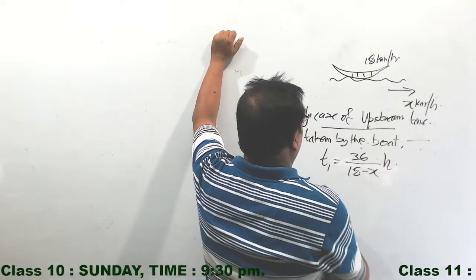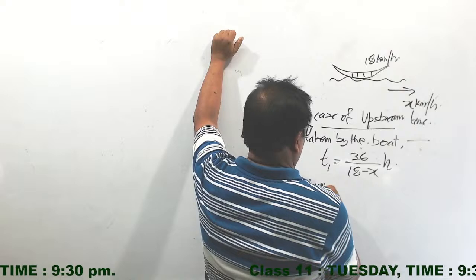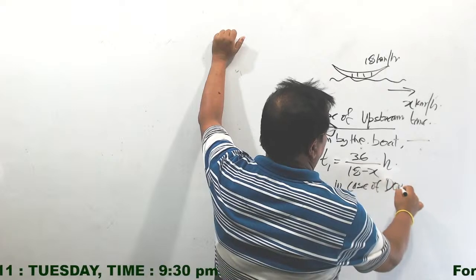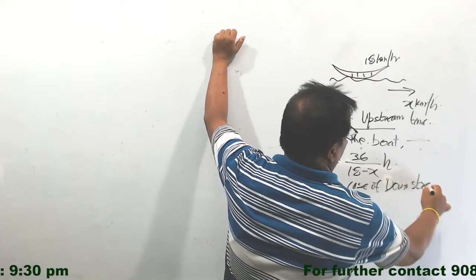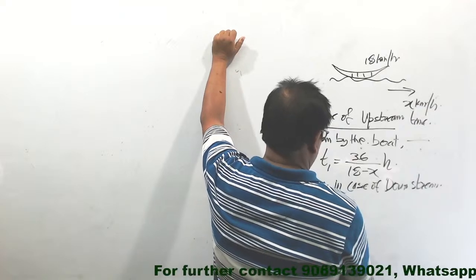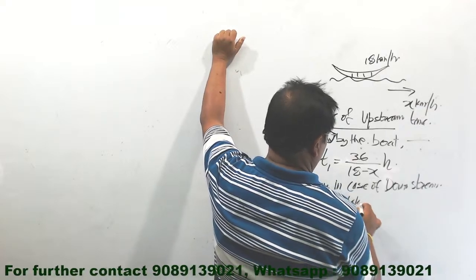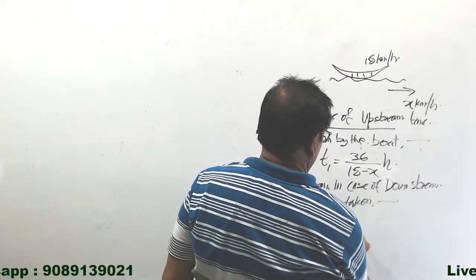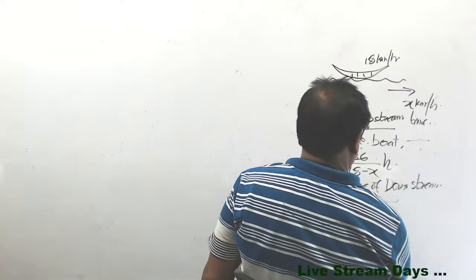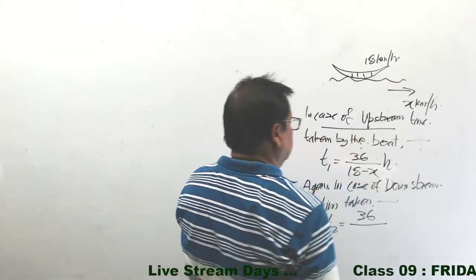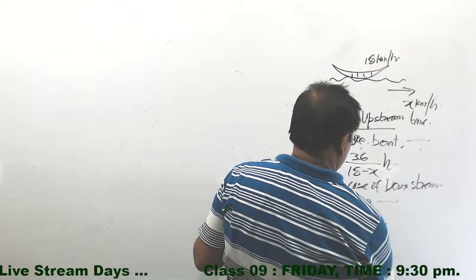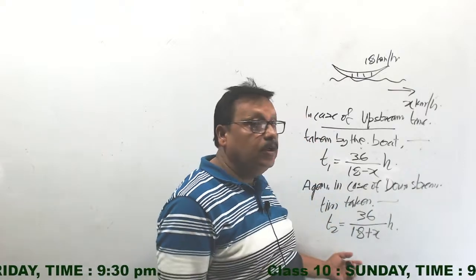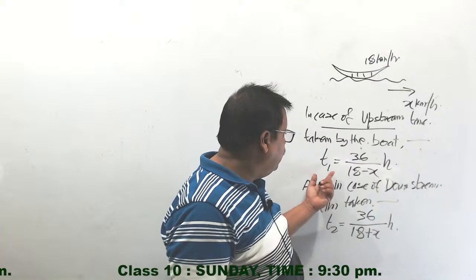Again, in case of downstream, time taken, say t2, equal to what? 36 by 18 plus x hour. Understood? Now, which time is greater, t1 or t2?